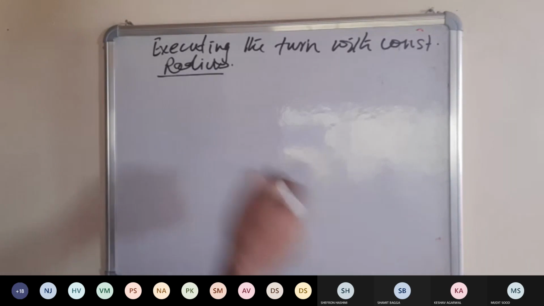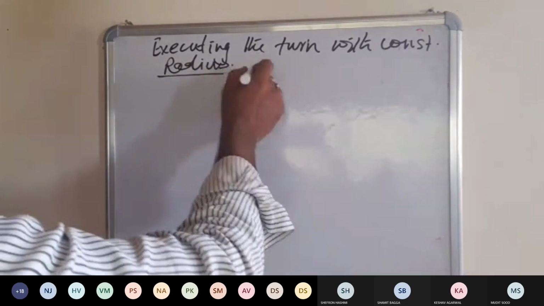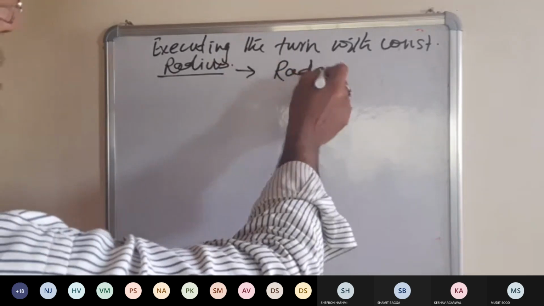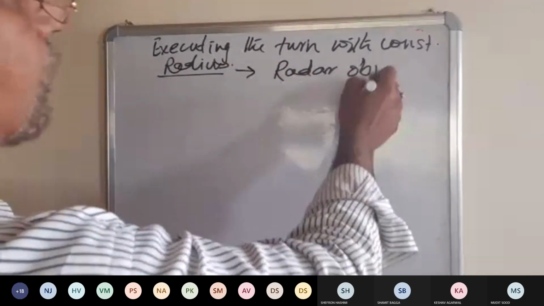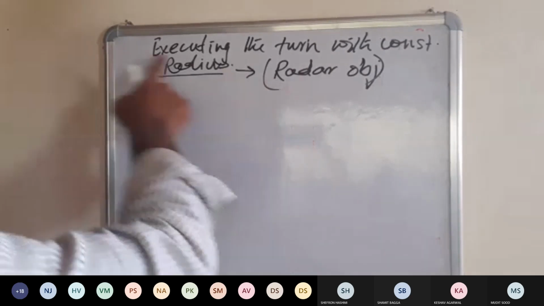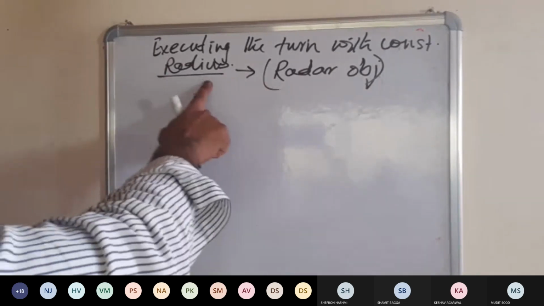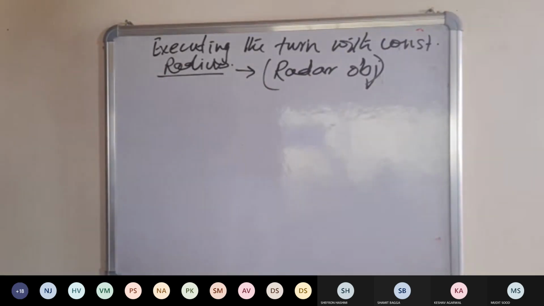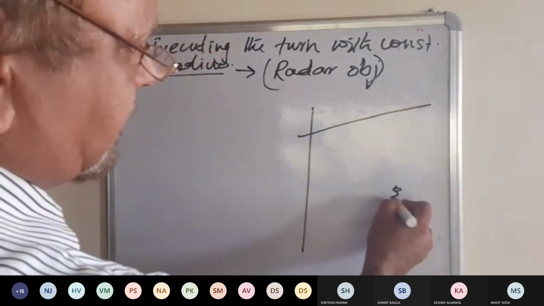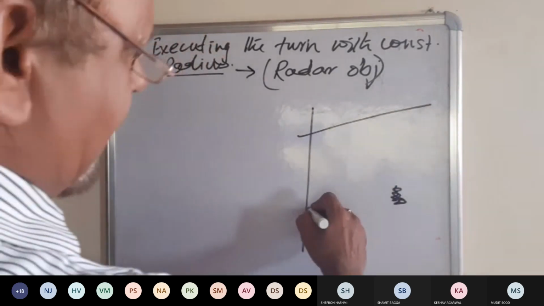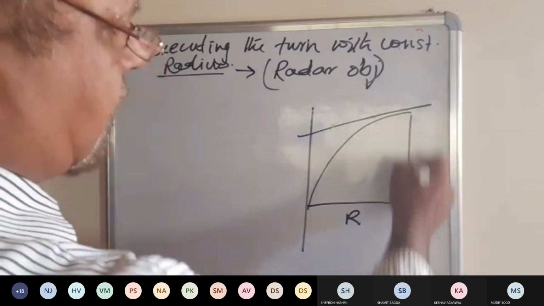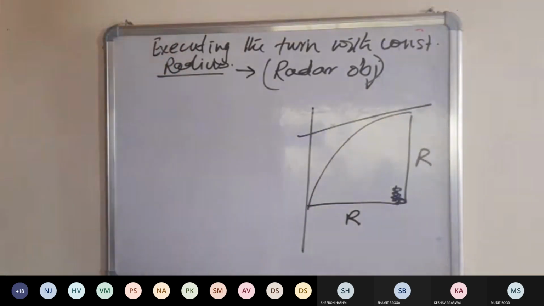We have our plan. Now let us, for example, हम इसको देखते हैं when there is a radar object. हमारा प्लान जो था वो इसके अराउंड था, रडार ऑब्जेक्ट के अराउंड. अब मैं टर्न जो एग्जीक्यूट कर रहा हूं वो कांस्टेंट रेडियस. So we already have the plan, the radar object here, and we have this turn where there is radius r.